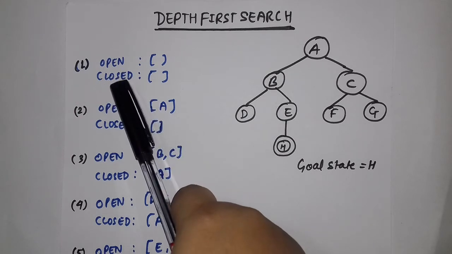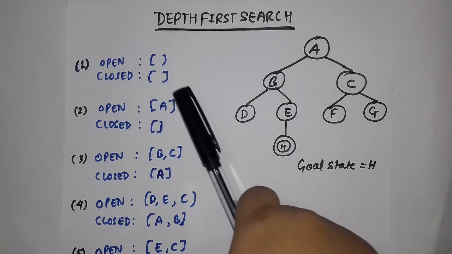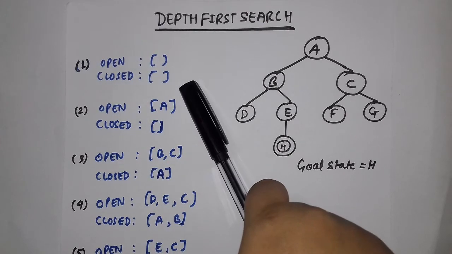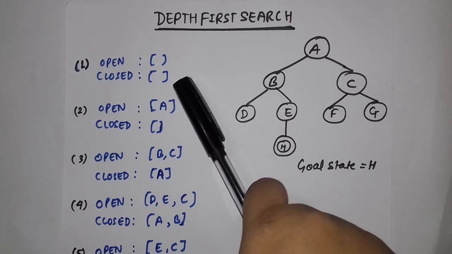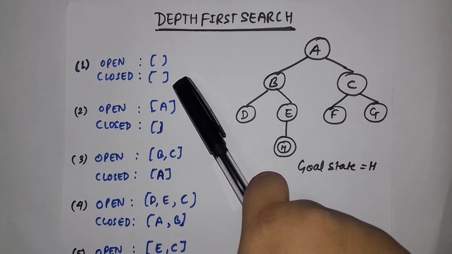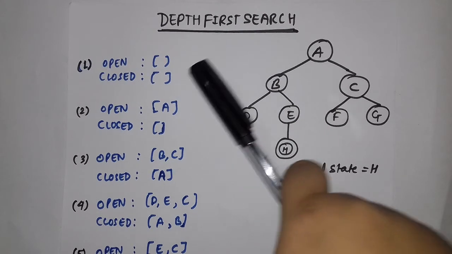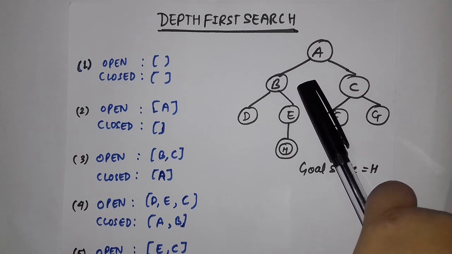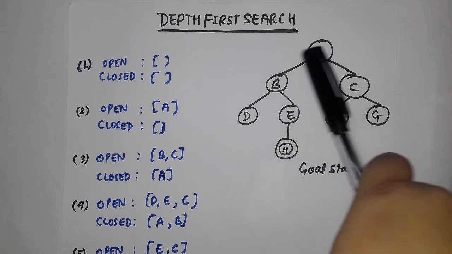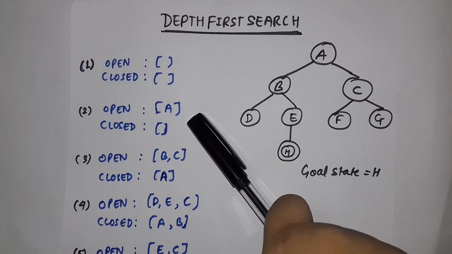So here we have taken 2 lists, open and closed list. At the present, when the search is started, the open and closed, both the lists are empty. As soon as we traverse the first element, that is A, the element A comes into the open list.